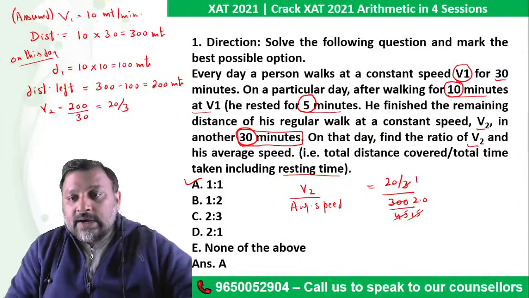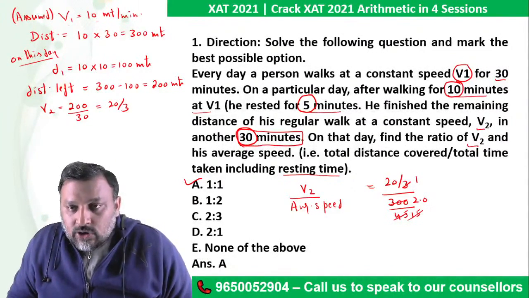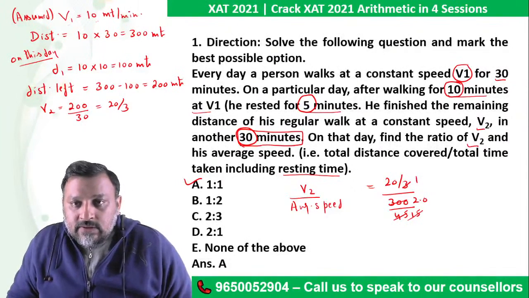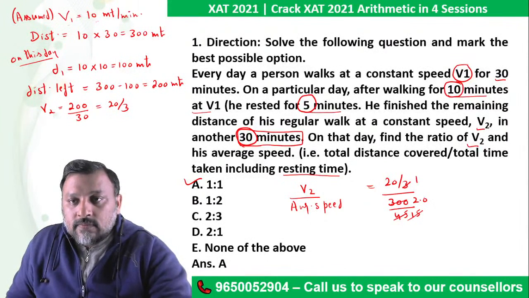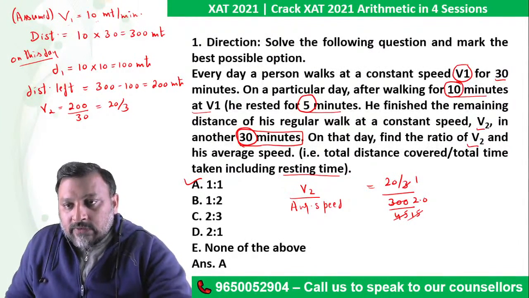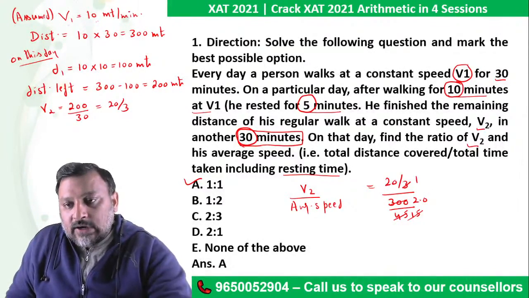Is this clear, guys? No, Yashika, it is not C, it is A. Anyone who wants me to explain this again, please ask, or otherwise just say yes or clear so that I understand that you have understood this.